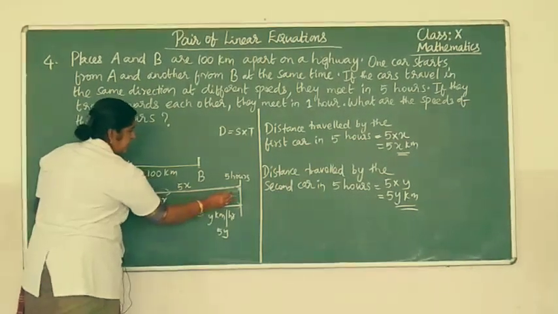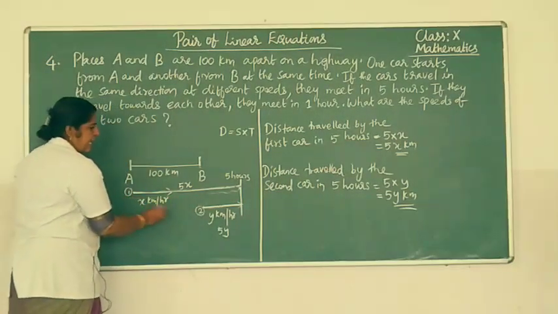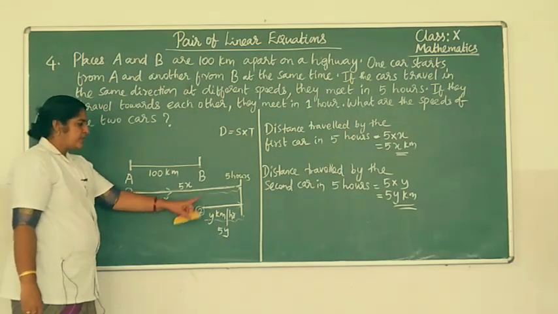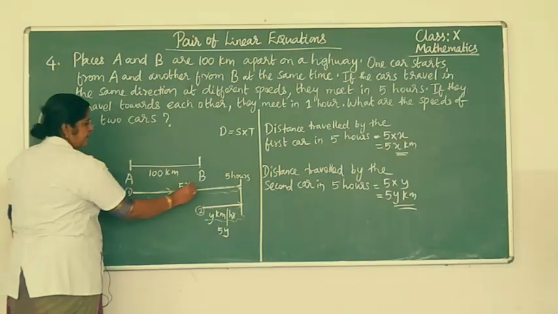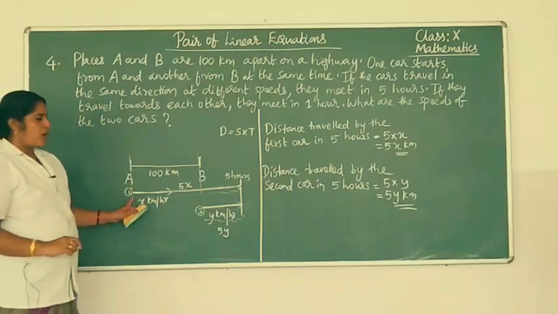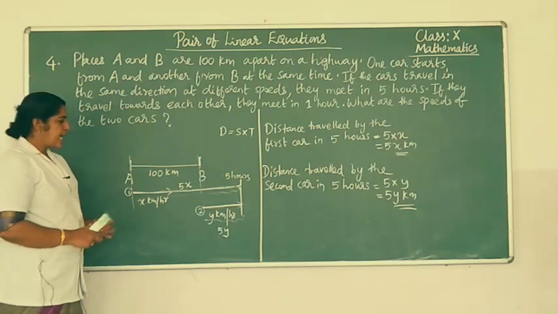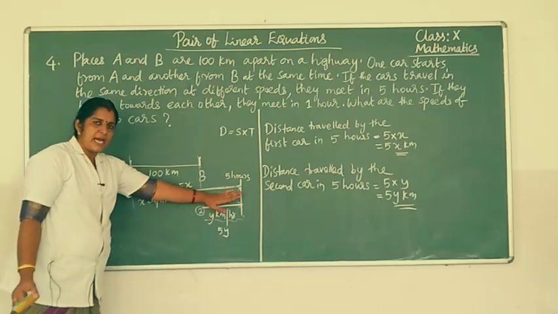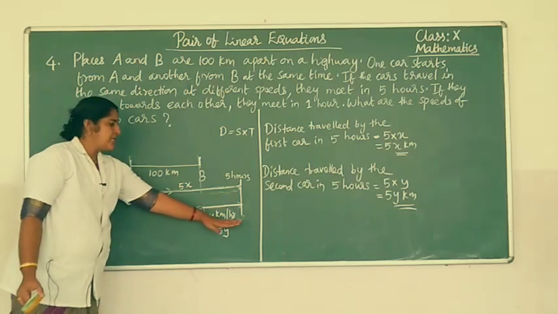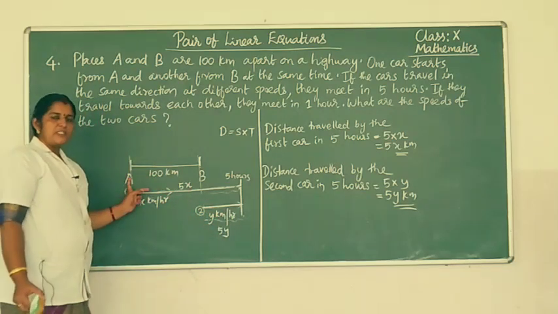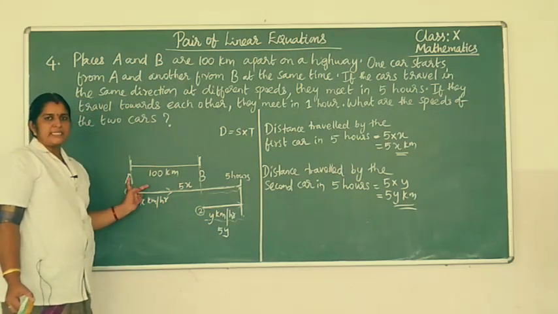So when you subtract the second car's distance from this distance, we will get this 100 kilometer difference between the two places. So that is the relation here. The distance traveled by the first car minus the distance traveled by the second car will give you the distance between the two places A and B.